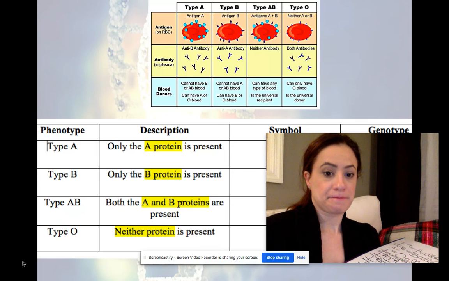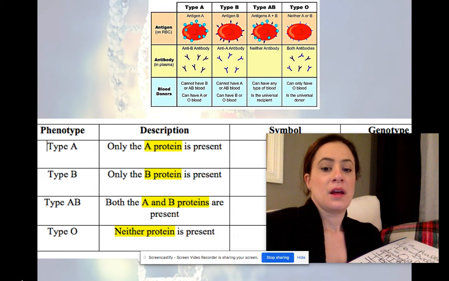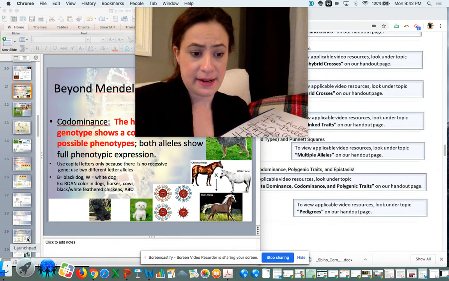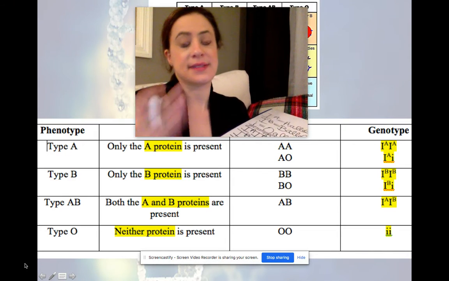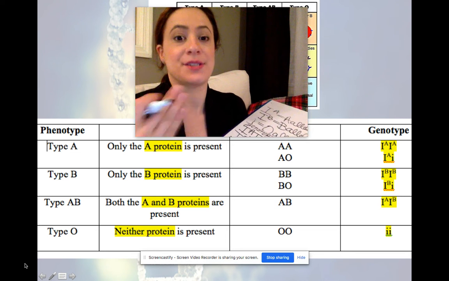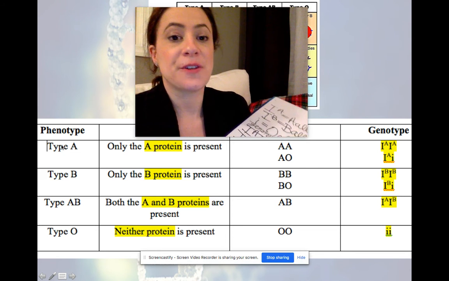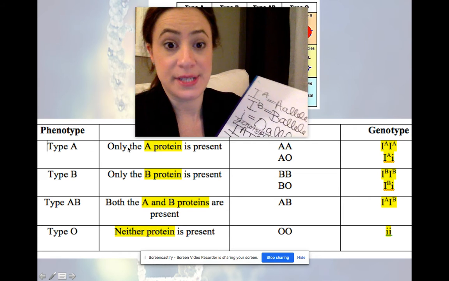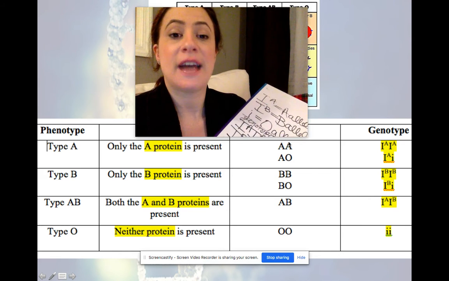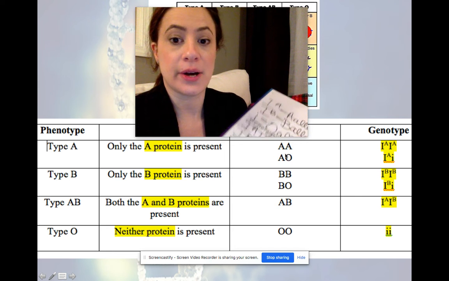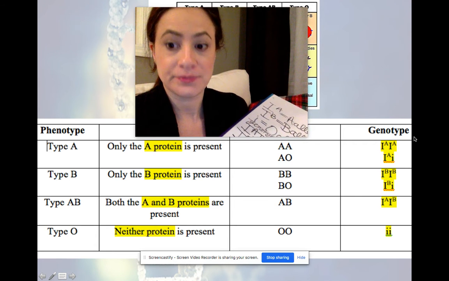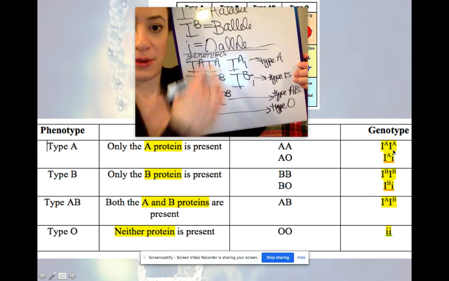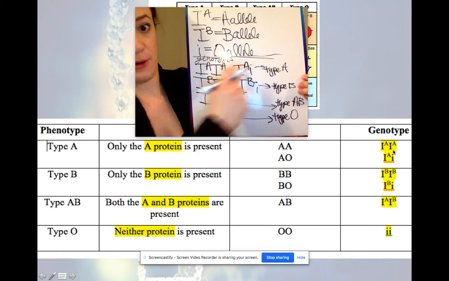Now, what we see here is actually a summary of what I just presented to you. So the phenotype, type A blood, is when the A protein is present. So you could have two A alleles or an A and an O allele. And these are the two genotypes associated with that, which I wrote here.